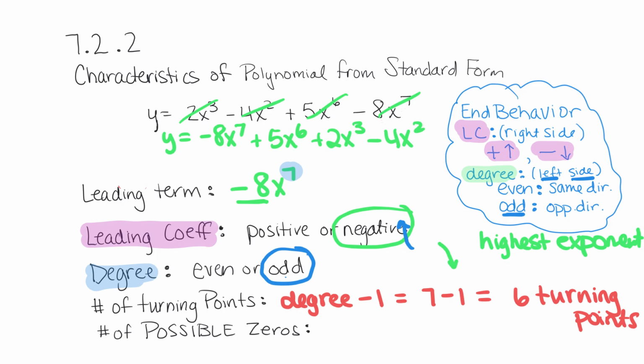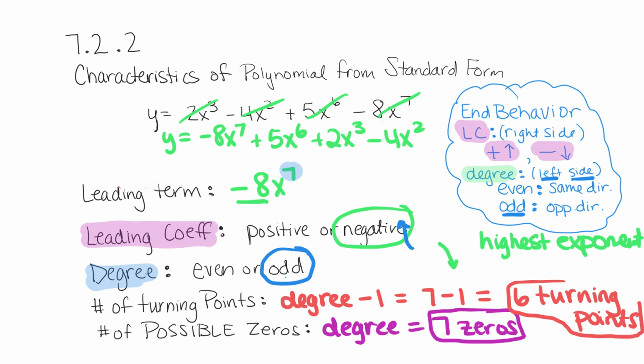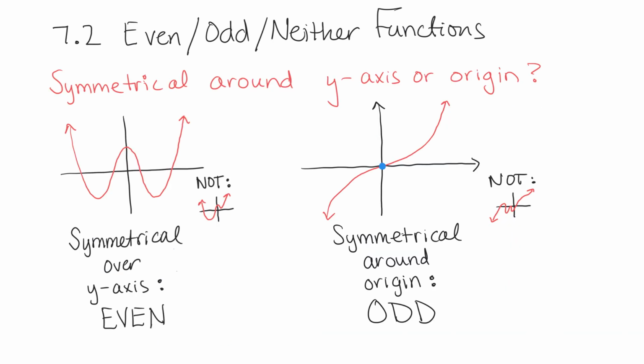It always matches your degree. So in this case, it has 7 zeros. Okay, so we can tell all this information really just by looking at that leading term. That leading term is going to tell us what the leading coefficient is, the degree, the number of turning points, and the zeros. Okay, now let's move into even, odd, or neither functions.